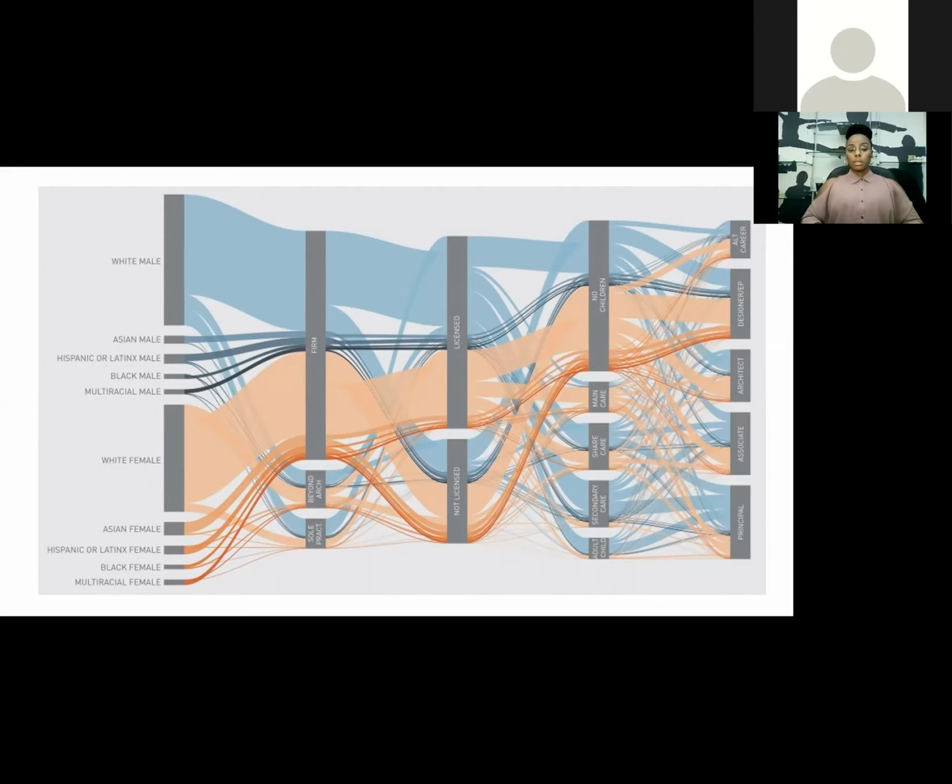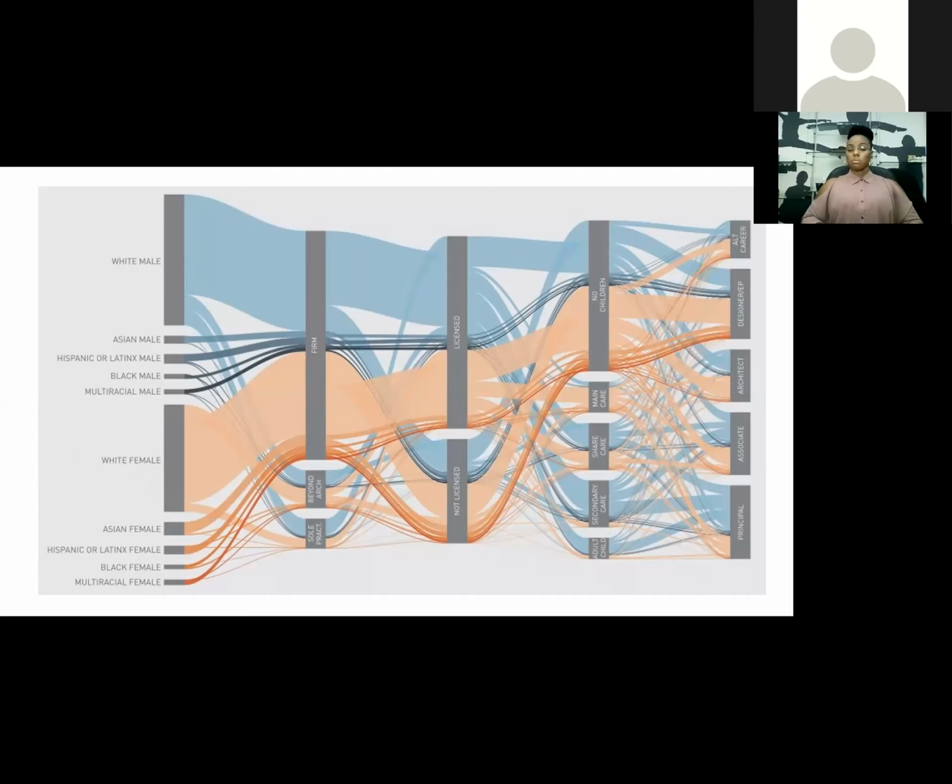In the same token, we have the orange color. The light orange is white females, and as the colors get darker, we have more minority females, right? If you see on the left, you'll see a lot of blue and a lot of orange and a lot of light orange. That, let's just call that entry candidates for licensure, right?